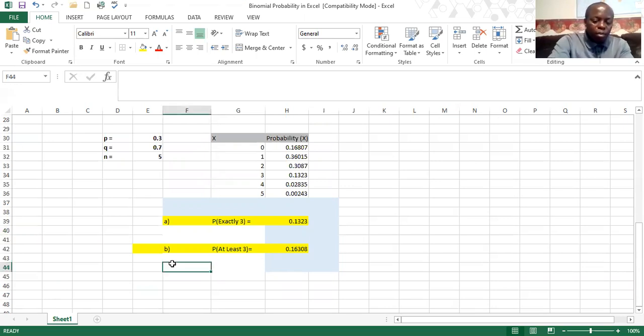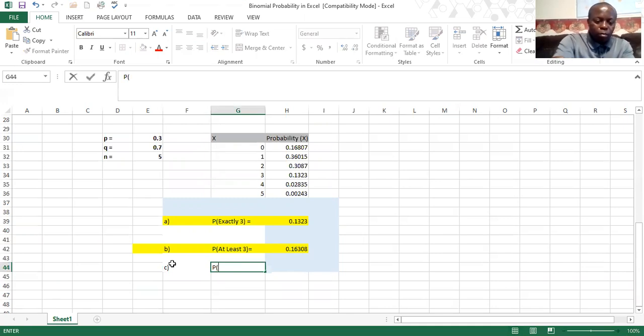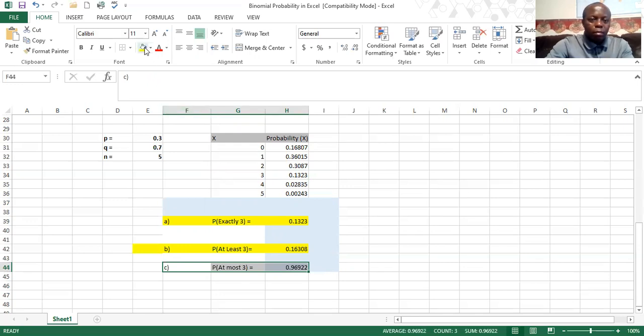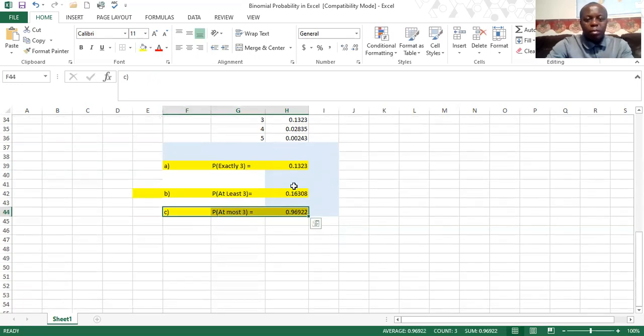So C, probability of at most 3 equals probability of 0 plus probability of 1 plus probability of 2, plus probability of 3. So that's the answer right here. So these are all the probabilities required.